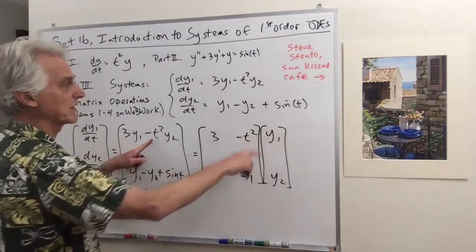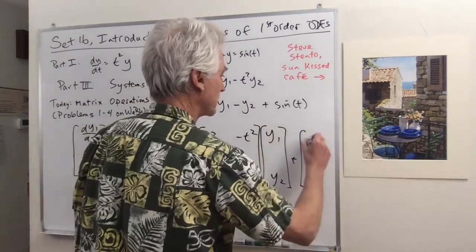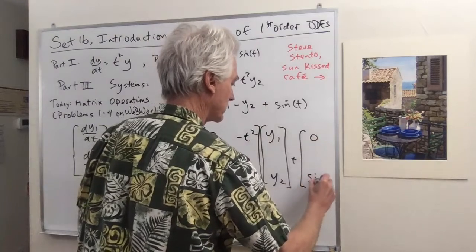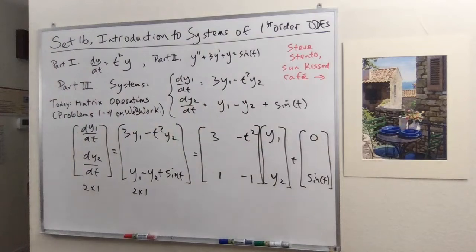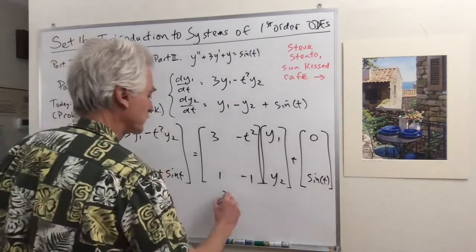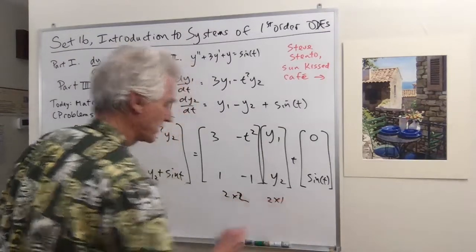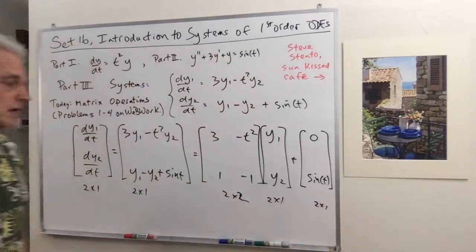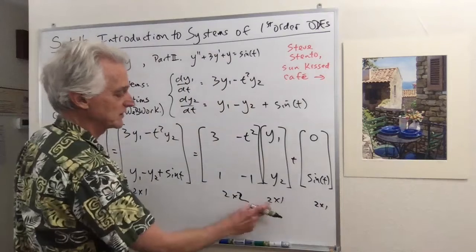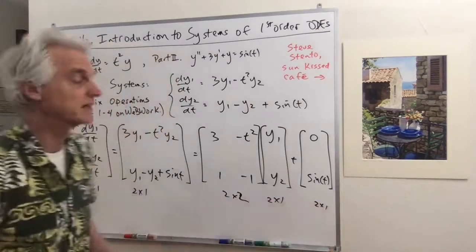I'm not done, by the way. Maybe I should add it now before I do the multiplication. Plus 0, sine of t. All right? So here we've got this 2 by 2 matrix and a 2 by 1 matrix, or column vector, and here's a 2 by 1 column vector. I can multiply these two together because the 2's are equal and get a 2 by 1. And I can add a 2 by 1 to a 2 by 1 and get a 2 by 1.